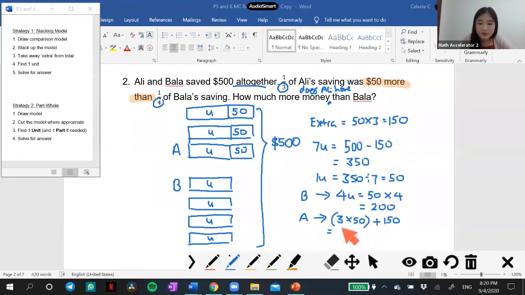Hmm, 300. You got Ali, you got Bala, you can find difference. Okay, how much more? So difference will be 300 minus 200. Answer will be 100. Okay, so your final answer, remember to write your units, $100.